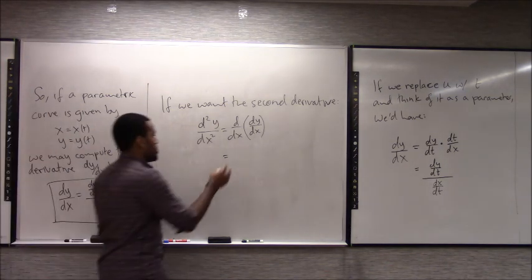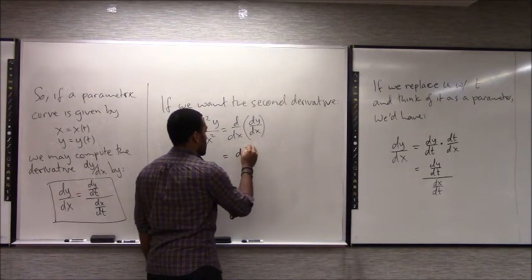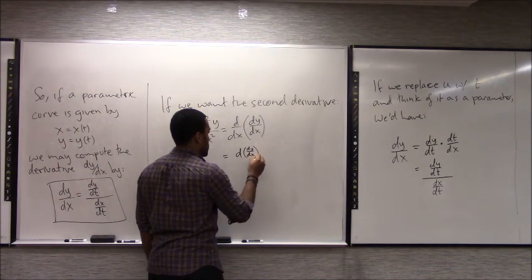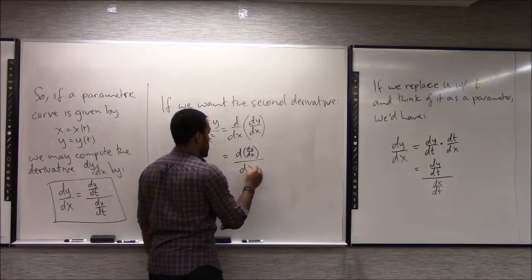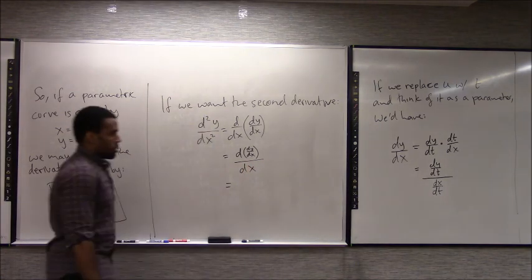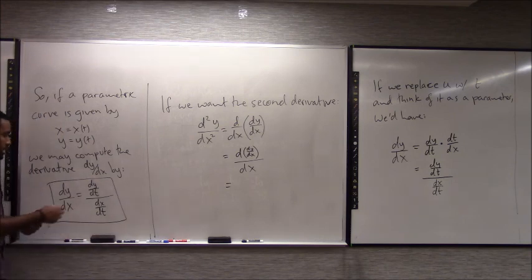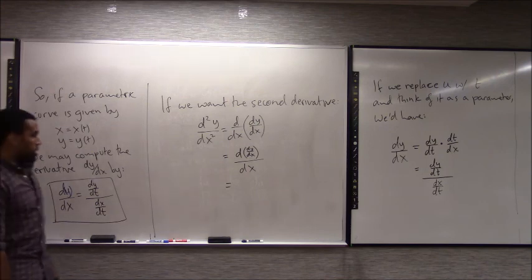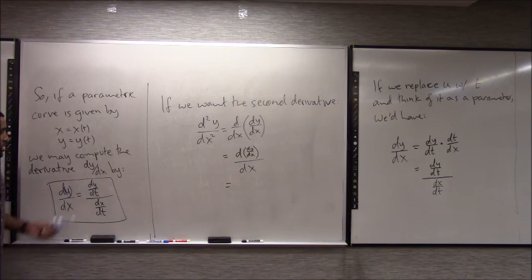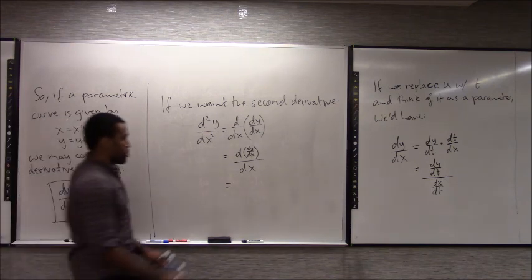So I can have d of dy dx over dx. So think of this as the new y, right? Think of this as the guy that is here. So basically what we're going to do is differentiate that function with respect to t and divide by the derivative of x with respect to t.